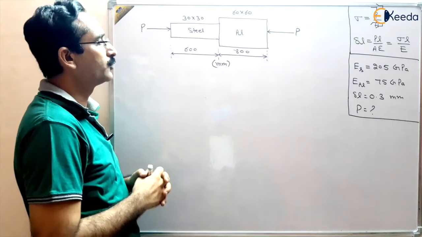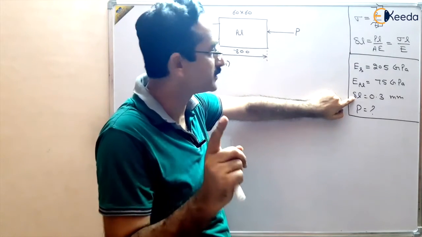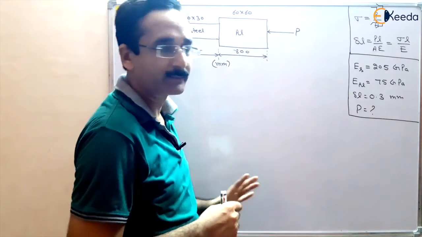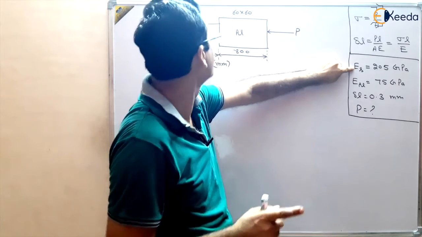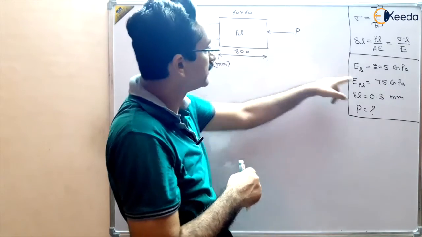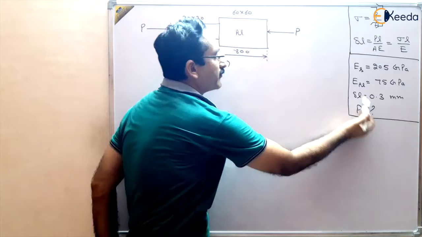We have to find out, if the total change in length of the bar is limited to 0.3 mm, what is the load applied? Also, the modulus of elasticity of the steel and of the aluminium are given.